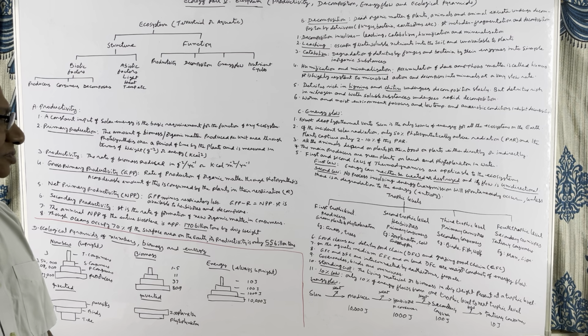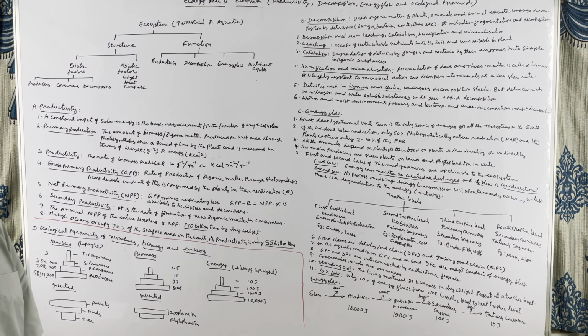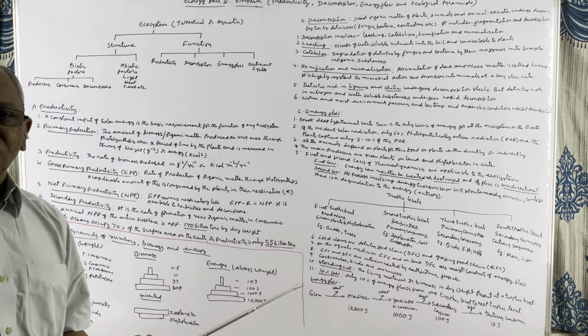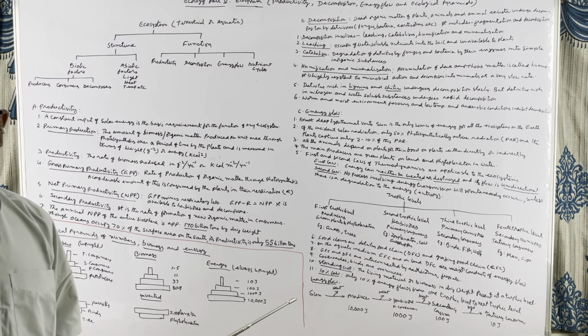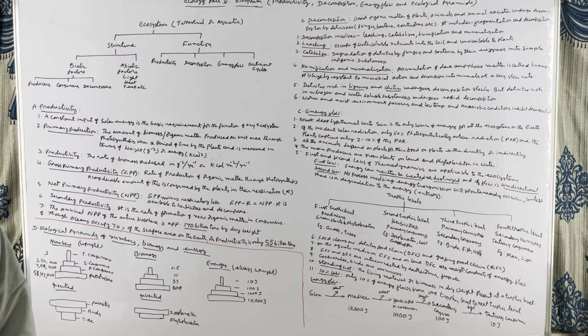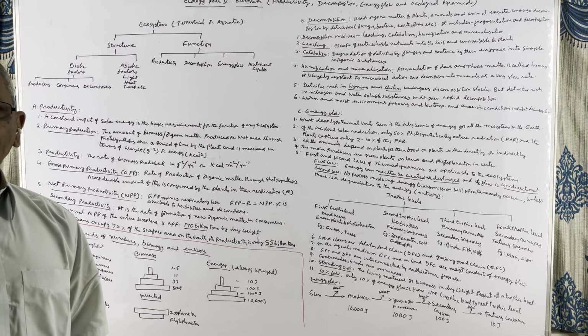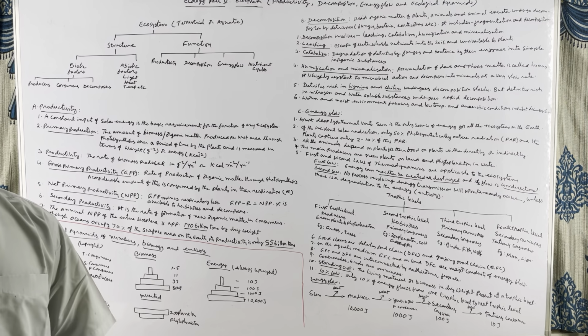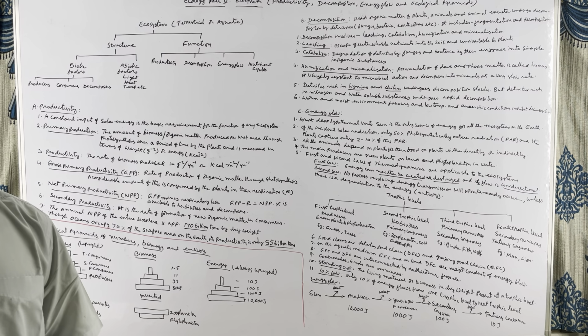So in the ecosystems, the energy runs from one trophic level to another trophic level, but it can neither be created nor destroyed. Whatever energy captured or trapped by the green plants through photosynthesis runs through the entire ecosystem.